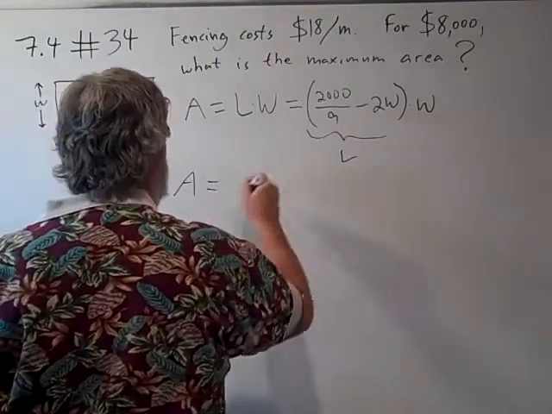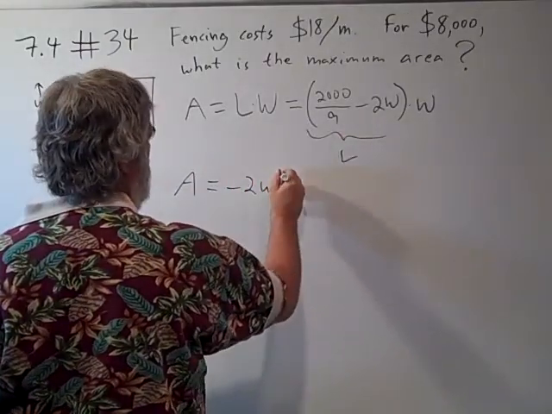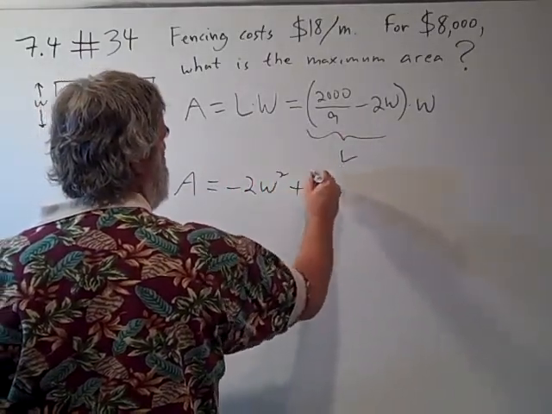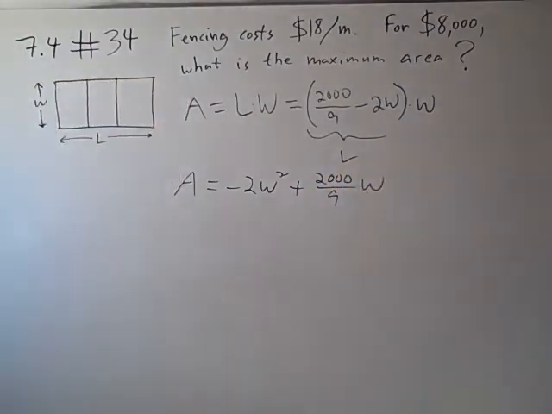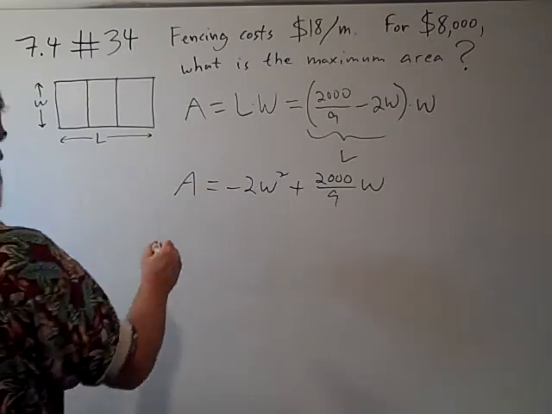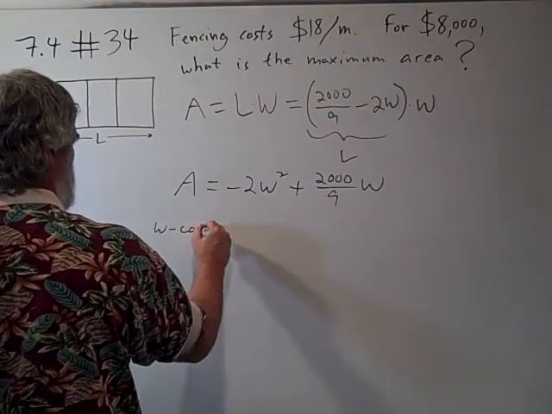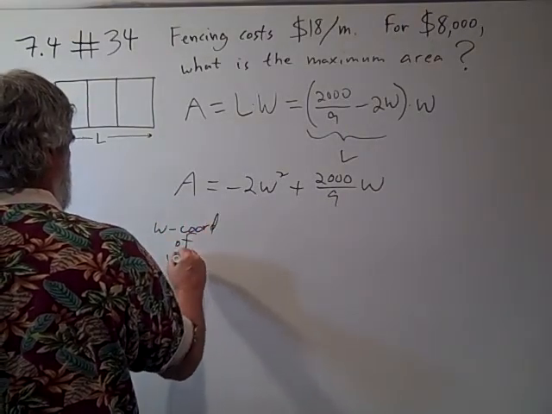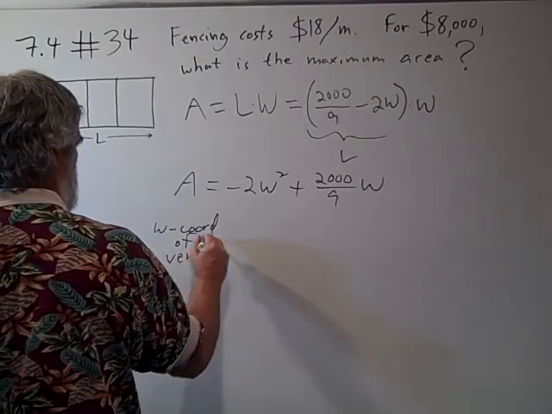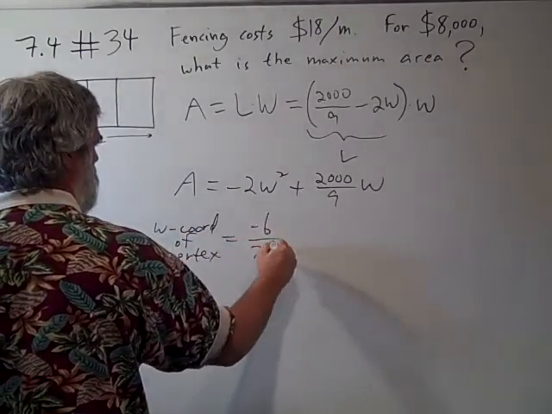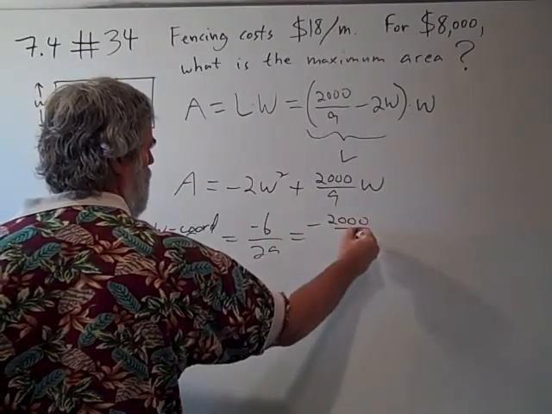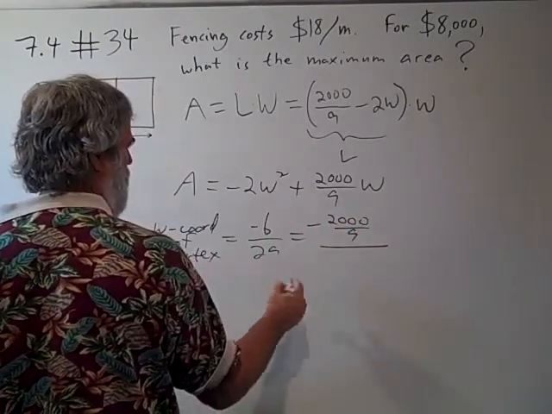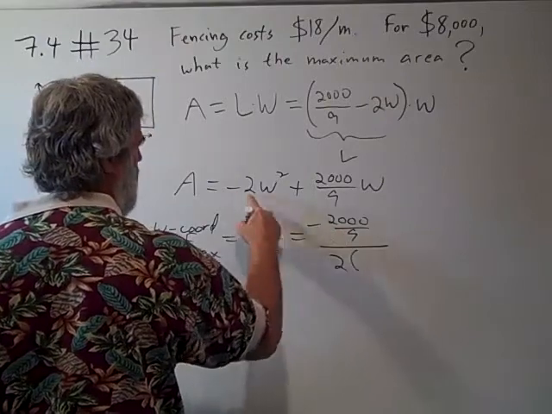So we write this as negative 2W squared plus 2,000 divided by 9 times W. So the W coordinate of the vertex, that's negative b over 2a, is negative 2,000 divided by 9, all divided by 2 times a, which is negative 2.